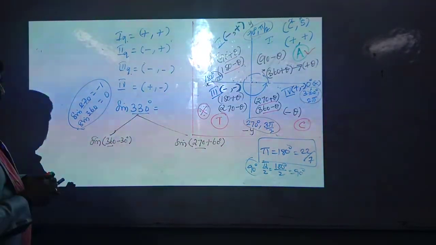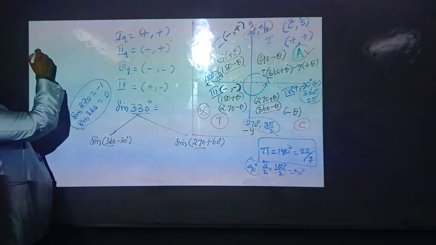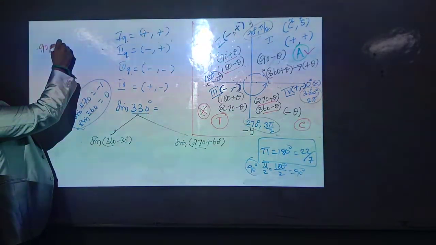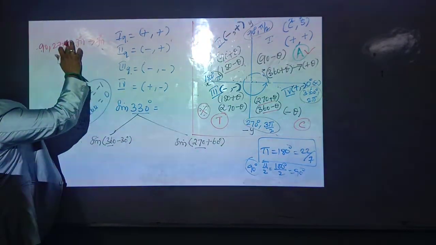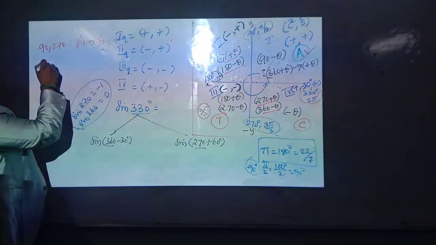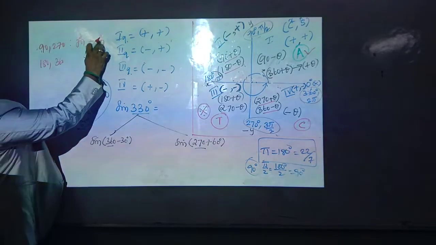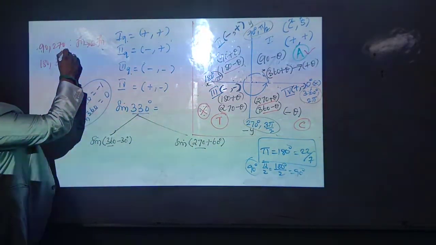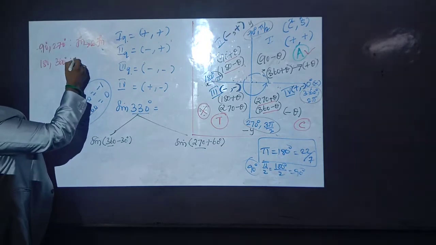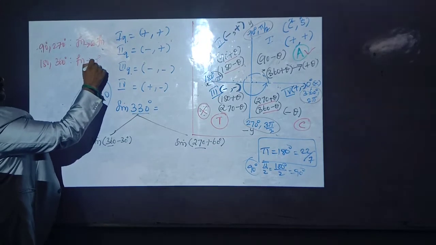You have to remember a rule. For 90 and 270, the function becomes the co-function. For 180 and 360 degrees, the function remains the same.